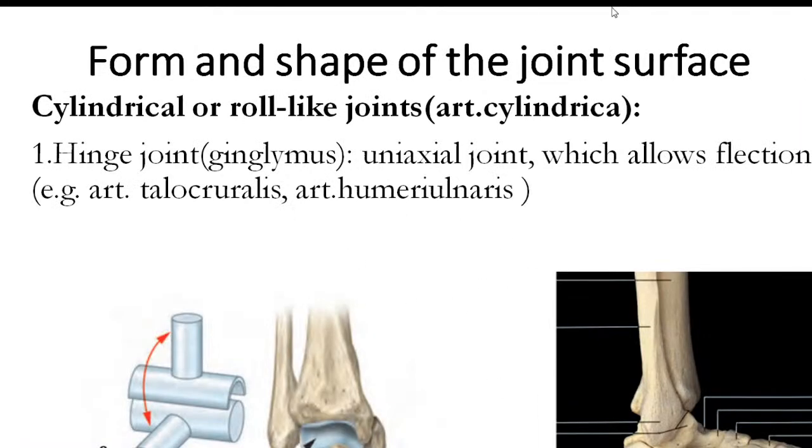Form and shape of joint surface. The first form is cylindrical, or roll-like joints. These are hinge joints. It is uniaxial, which allows flexion and extension.